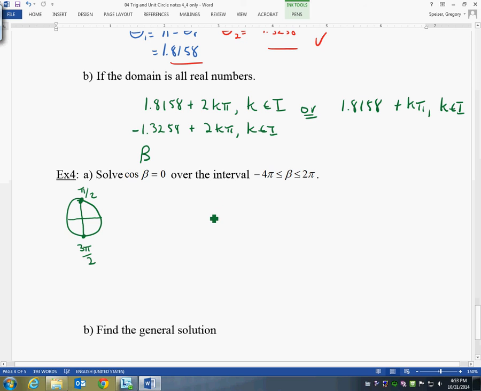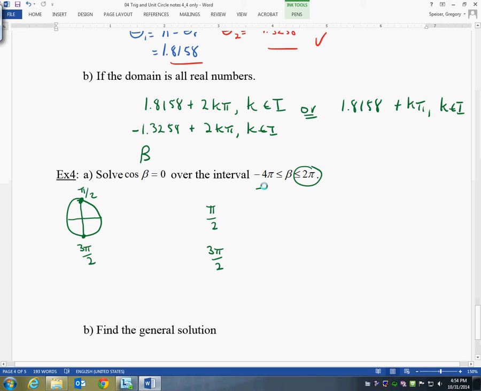Okay, so we have pi over 2, and we have 3 pi over 2. And so I want to add or subtract 2 pi's. I can't add anymore and still stay within the 0 to 2 pi region, but I can subtract until I get to negative 4 pi.